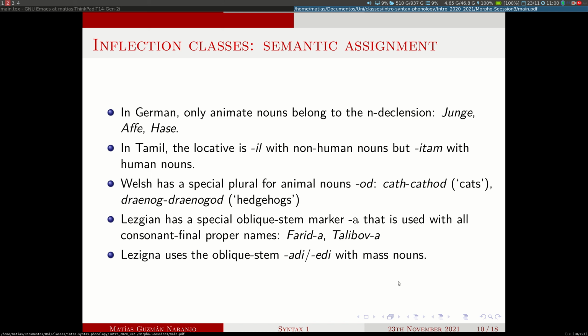Welsh has a plural form with -od for animal nouns. Lezgian has an oblique stem marker -a that's only used for proper names, and another oblique stem -adi, which is only used with mass nouns. So all sorts of semantic assignment rules can be found. Sometimes these semantic assignment rules are not completely straightforward, but they are very often there.